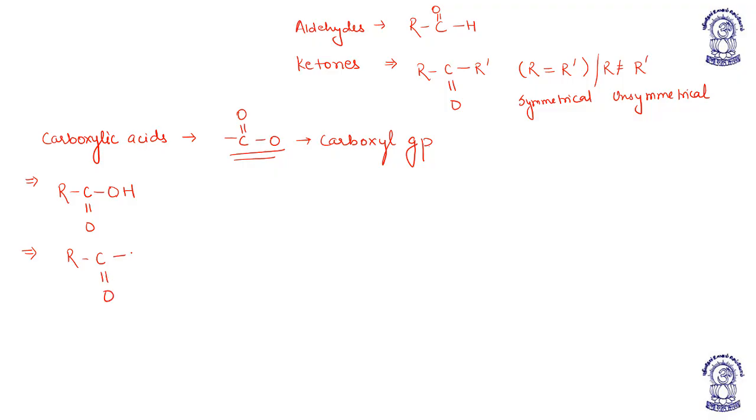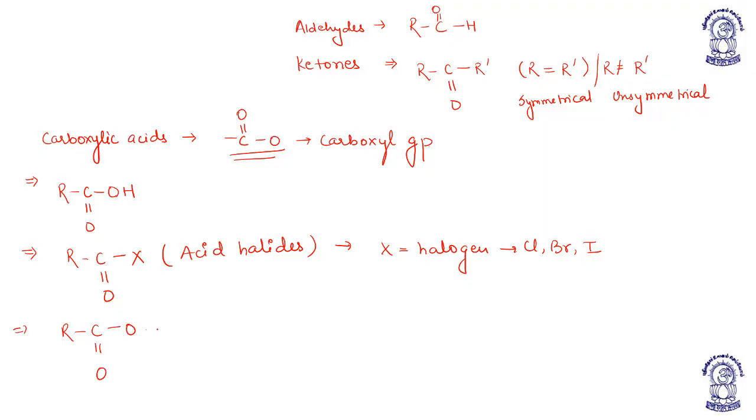Derivatives of carboxylic acid include acid halides, where X is a halogen and it can be Cl, Br, and I. Then come acid anhydrides.